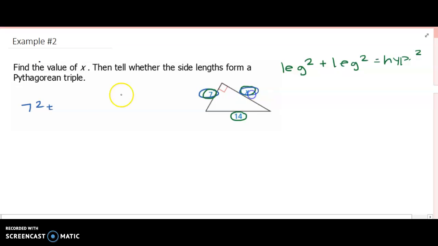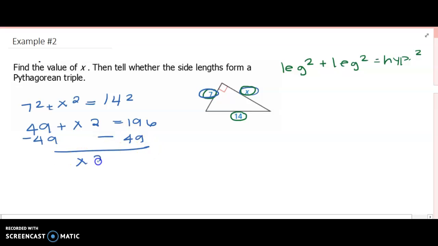The other leg is x squared. The hypotenuse squared is 14. 7 squared is 49 plus x squared, and then 14 squared is 196. Okay, minus 49. I get x squared equals 147.